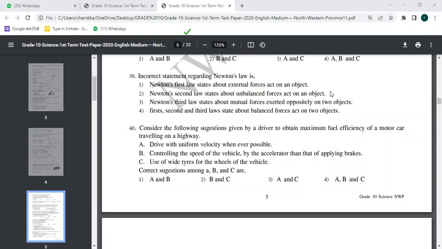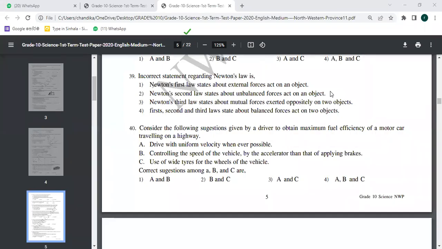What's your idea? True or false? True. False. Who says true? Senari, sir. Who says false? Krishantani.